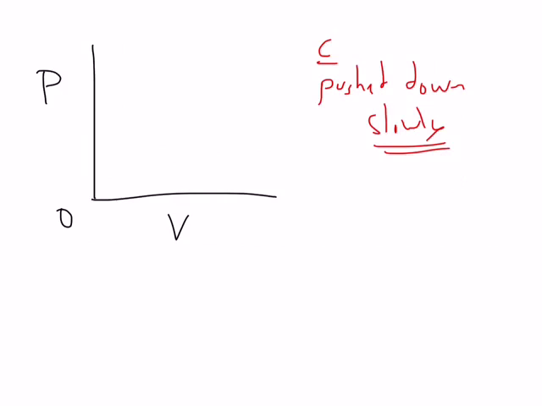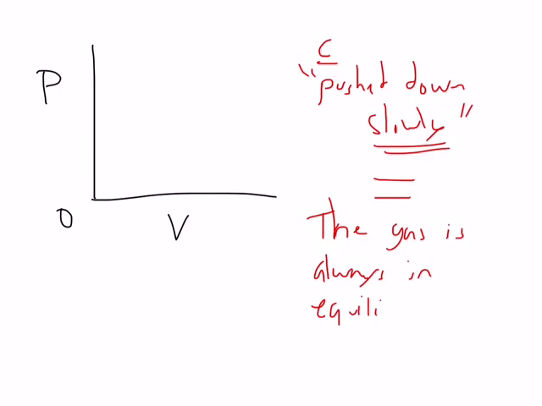What that is meaning in AP test language, right? Like that's an equals. If you see this sort of thing in a thermodynamics question, what that's really saying is the gas is always in equilibrium.